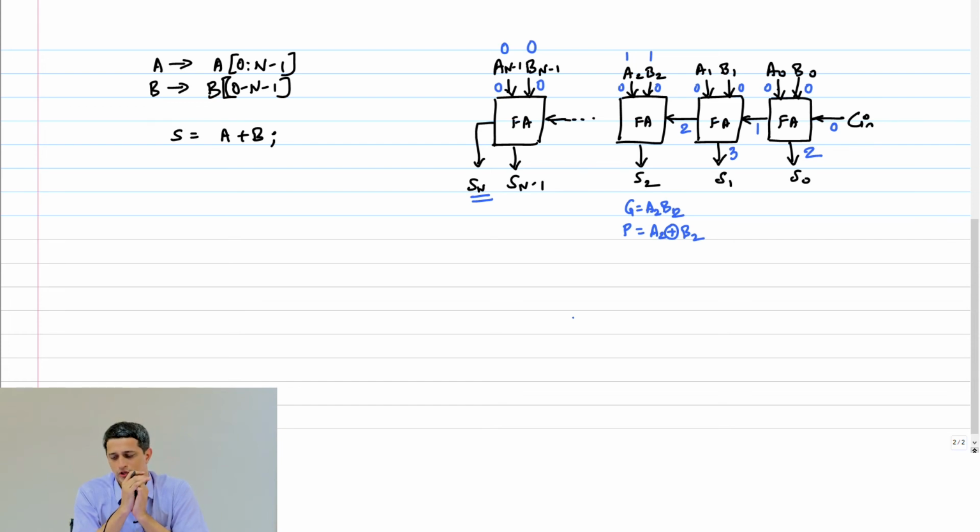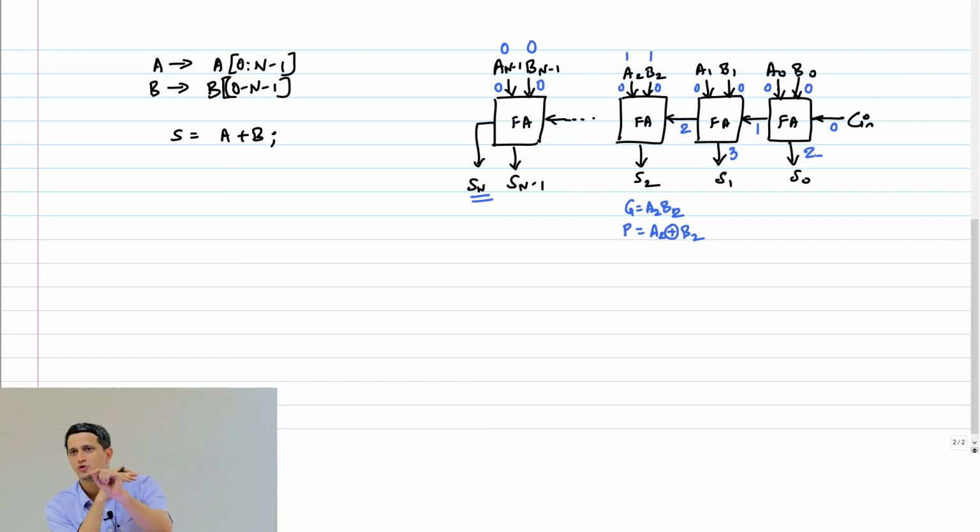Yeah. So you see what's happening. There is arrival time 0, 0, S0 is available at time 2, carry out is available at time 1. So that sum takes one more unit. But the idea is, while S1 is being generated, you propagate the second carry out into the next stage. That's why it is important to generate the carry before the sum.